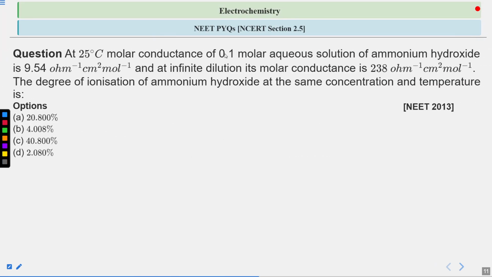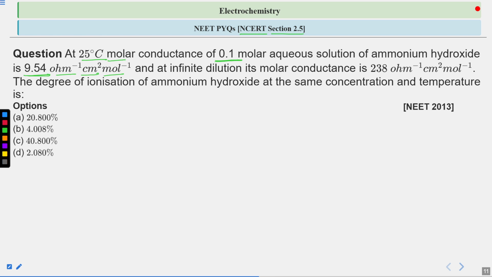Okay, so this is a NEET PYQ question and this is covering the NCERT section 2.5. The question is saying that at 25 degrees Celsius, the molar conductance of 0.1 molar aqueous solution of ammonium hydroxide is 9.54 ohm inverse centimeter square mole inverse.